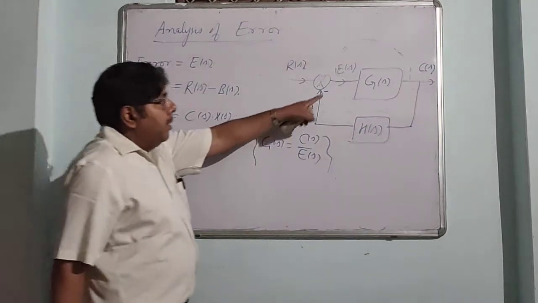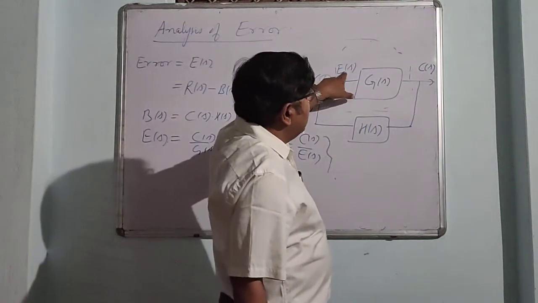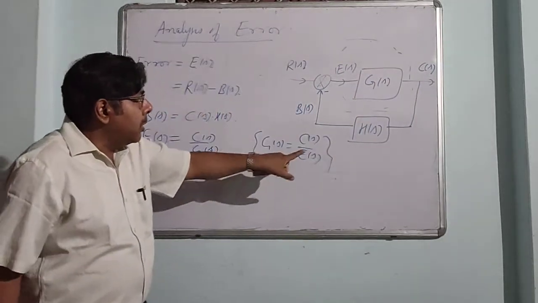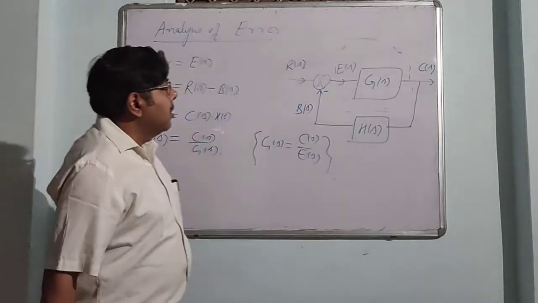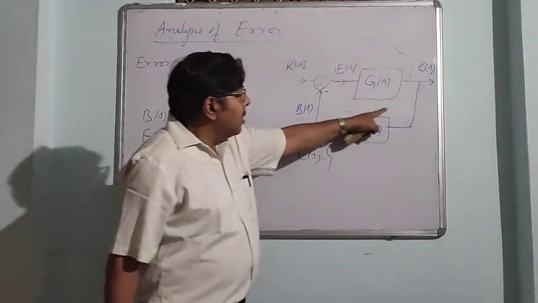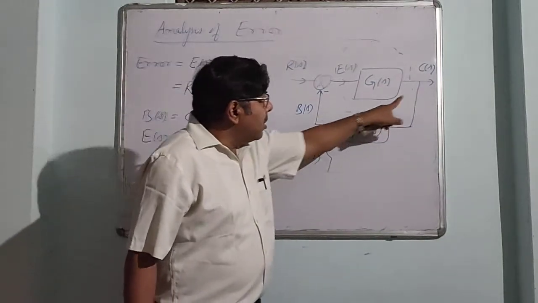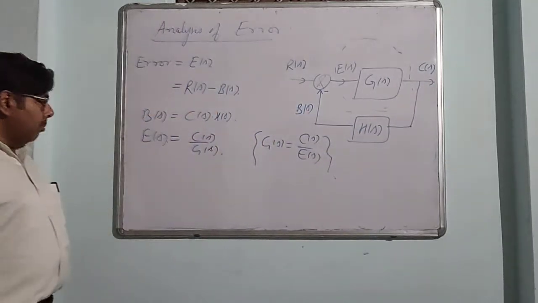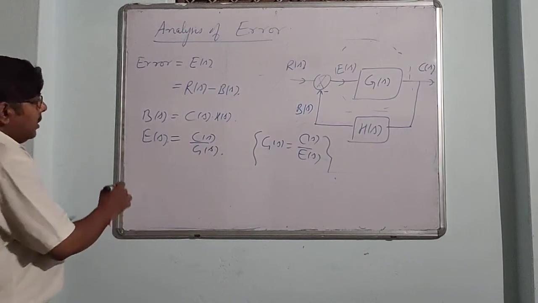From here you can write the error signal is C(s) upon G(s), since G(s) equals output upon input. So this is the error signal.